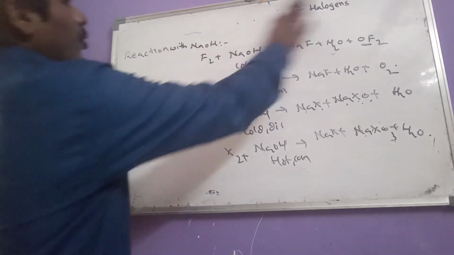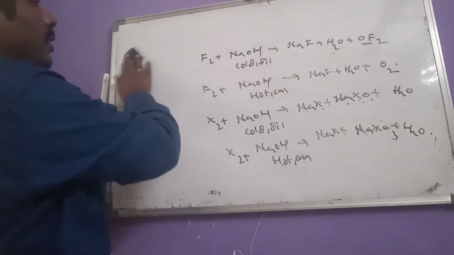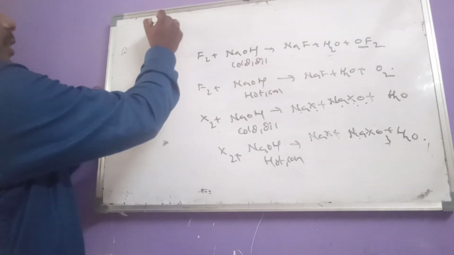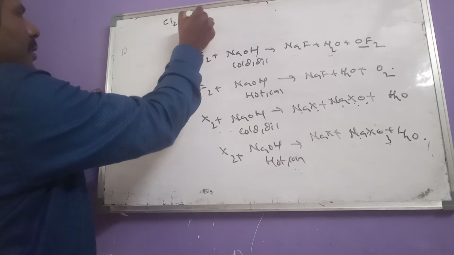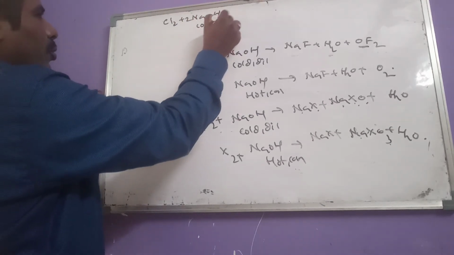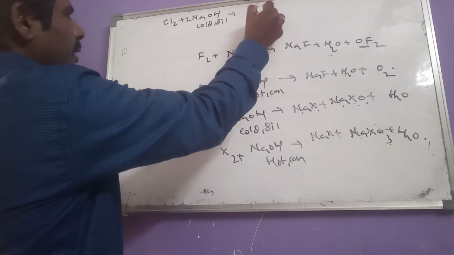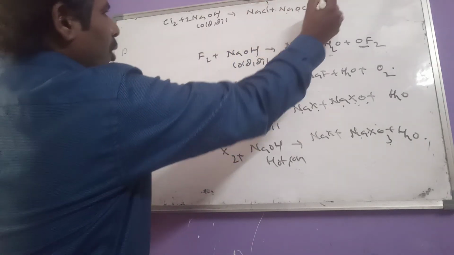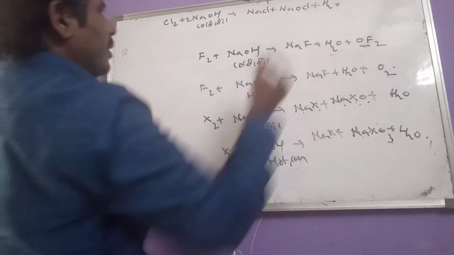Reaction of chlorine with cold and dilute NaOH, and hot and concentrated NaOH. Chlorine plus 2NaOH, cold dilute NaOH. The products are NaCl plus sodium hypochlorite plus water.